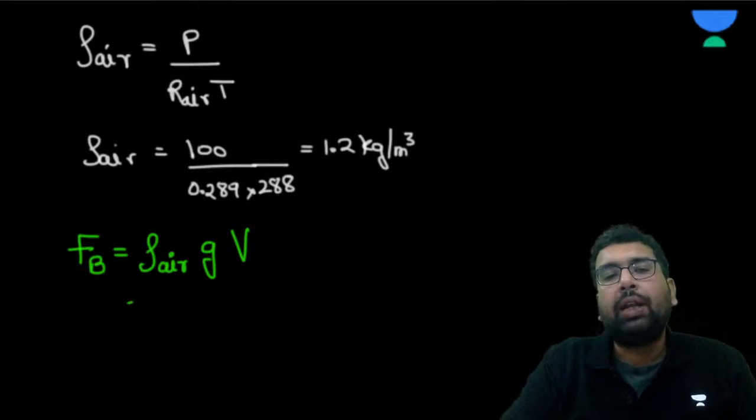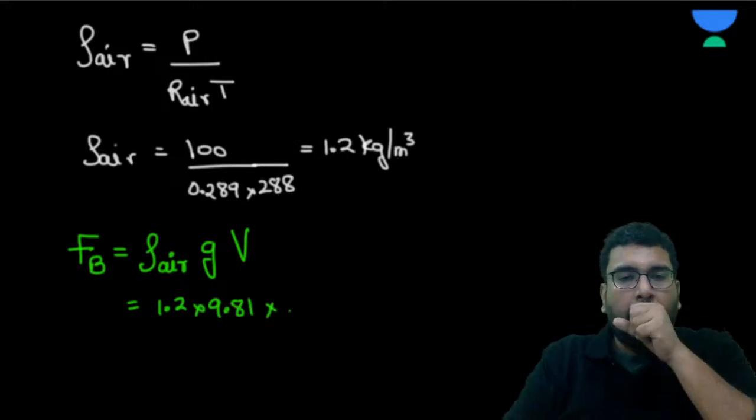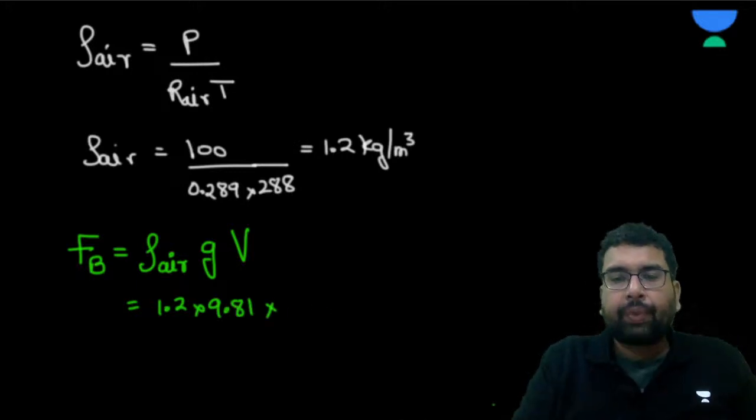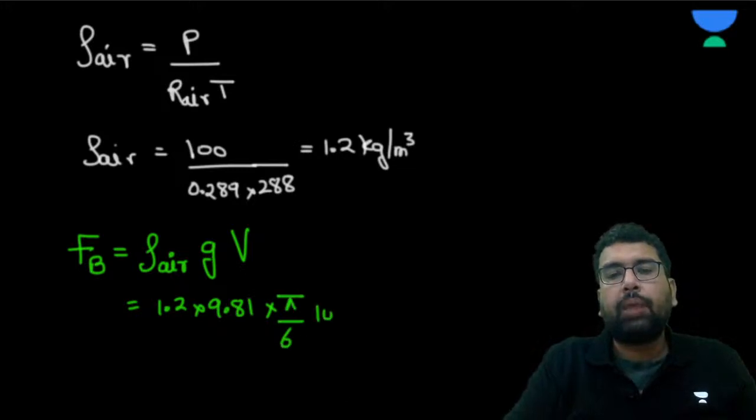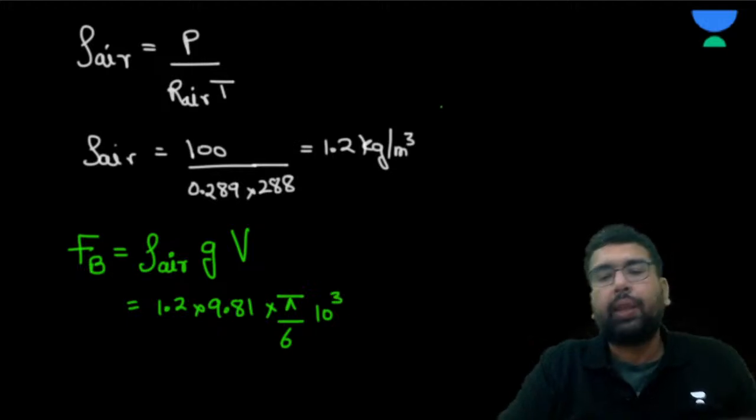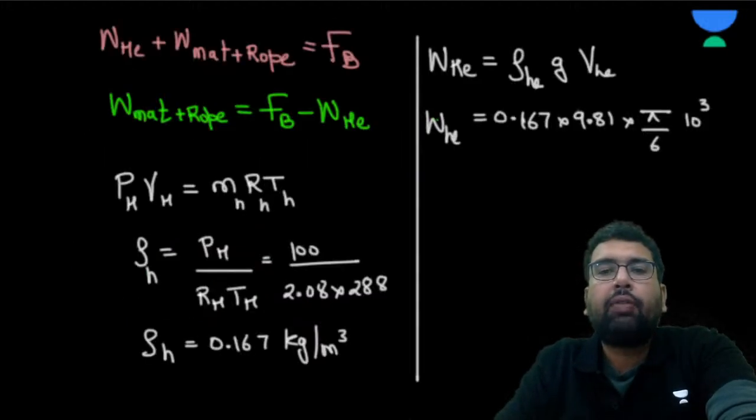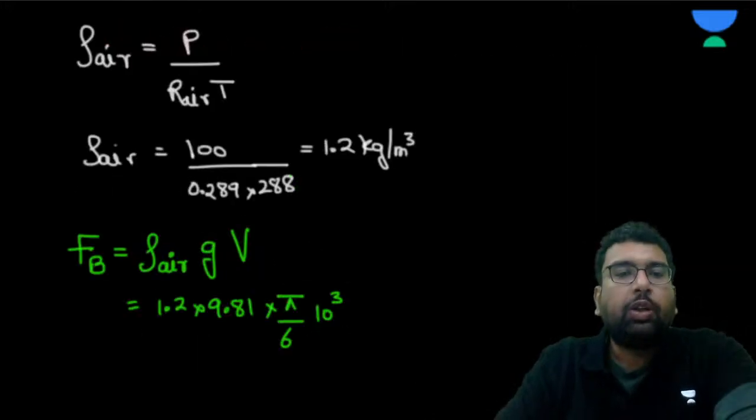So we get 1.2 into 9.81 into π/6 d³, that is π/6 into 10³. Now you have the weight of the helium, you have the force of buoyancy, so you can subtract them.